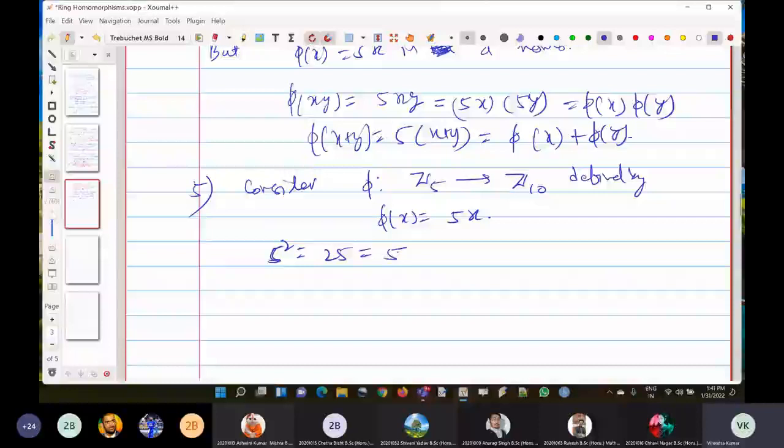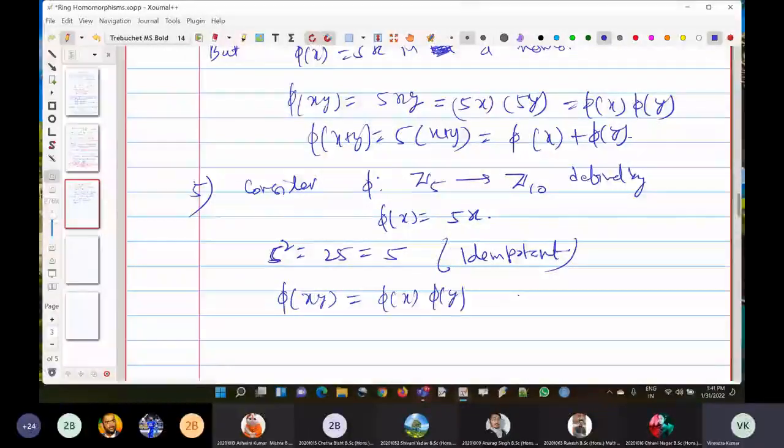So this is idempotent. And of course, you know that it is idempotent. All right. So phi of xy equals phi of x times phi of y, so this is verified. But what about addition?